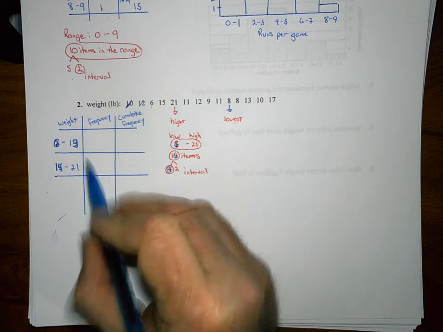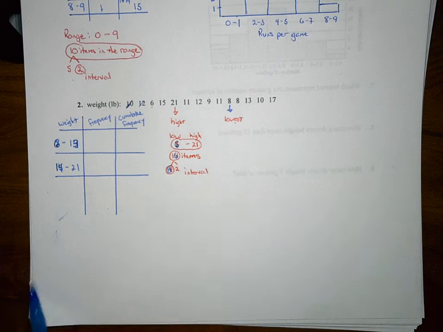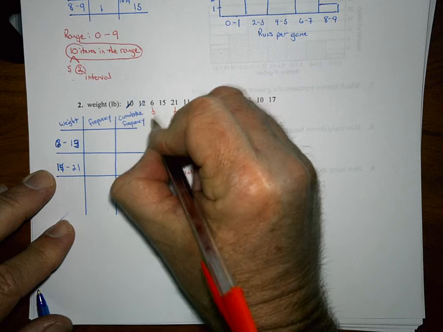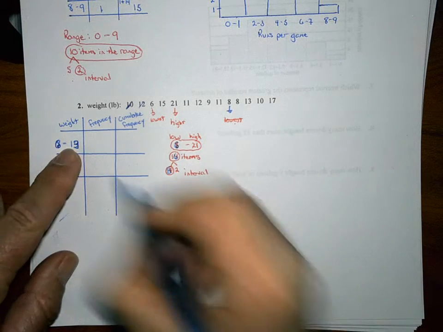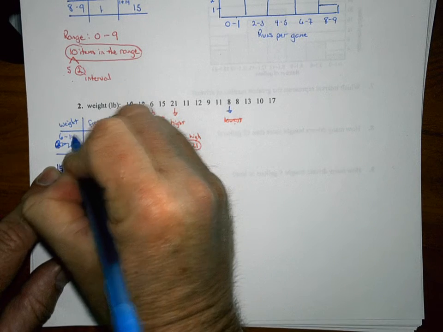Why did you not catch that the lowest number was 6, not 8 right there? Sorry about that, but we fixed it really quickly. So what's the frequency of the weight between 6 and 14?